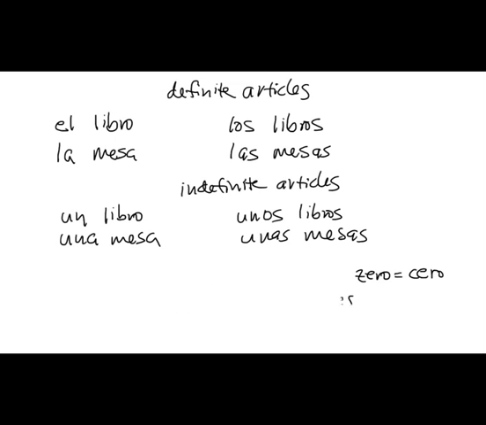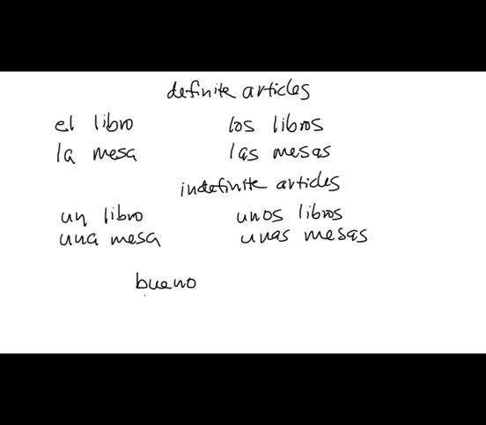Okay? So some slight spelling changes with plurals. Okay, we now have definite and indefinite articles. Let's put an adjective with these. We have different types of adjectives. We have adjectives that end in E, O, etc. The ones you have to be more careful about are adjectives ending in O. Those adjectives, when they're describing a noun, have to agree both in number and in gender, that is masculine or feminine.